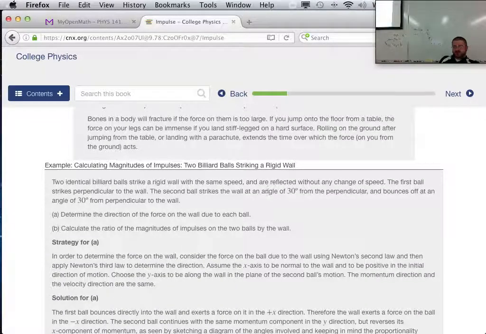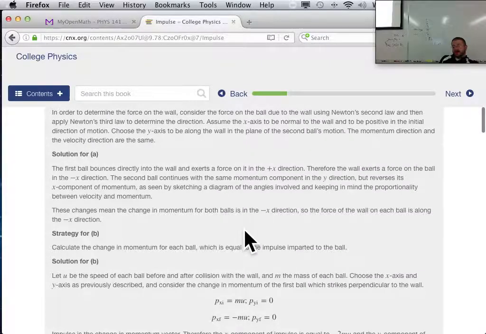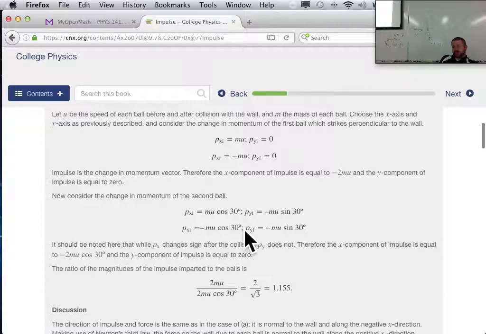If it bounces straight off, or if it bounces at 30 degrees, it turns out that the change in momentum for the ball that bounces straight off is greater than the one that bounces off at 30 degrees, because it actually changes its velocity more going straight forward to straight back than the one that's going at a 30-degree angle, which only changes one of its velocities. It only changes its velocity that is perpendicular to the wall, and not the one that is parallel to the wall. That one doesn't change.